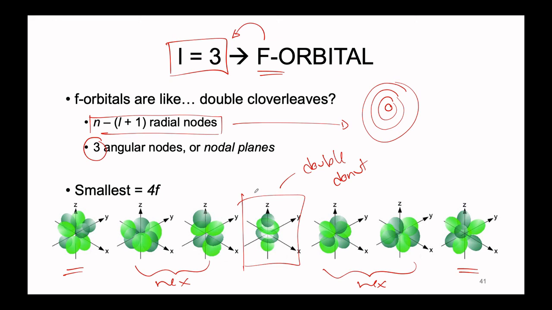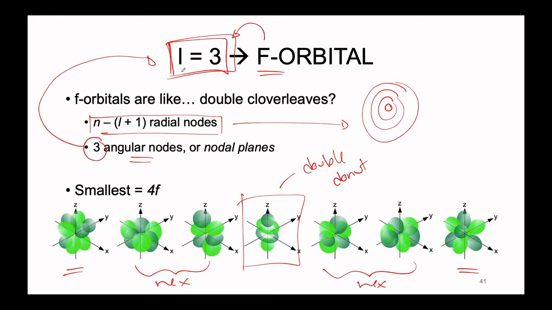But you may have noticed a pattern at this point. The number of radial nodes always follows this equation. Yes, it's true, but the number of angular nodes that a particular orbital has is so far and will always be equal to what your L is equal to. Our s orbital has an L that is equal to 0 and has 0 angular nodes.